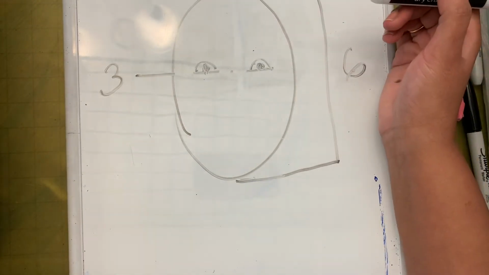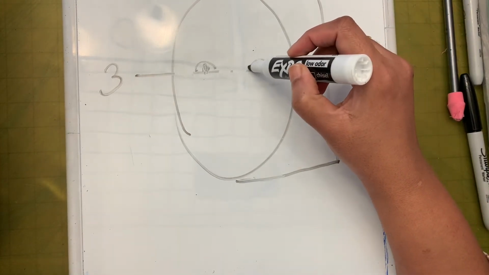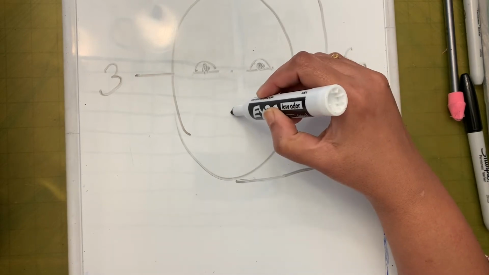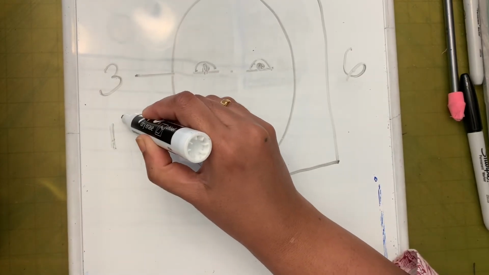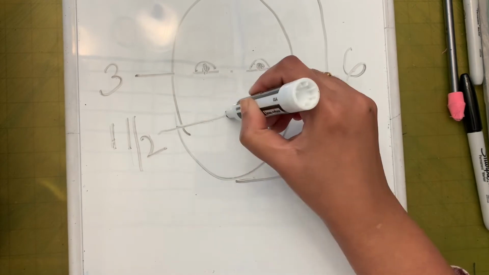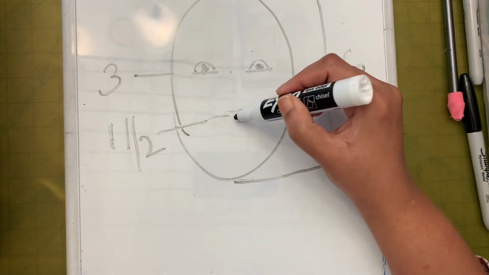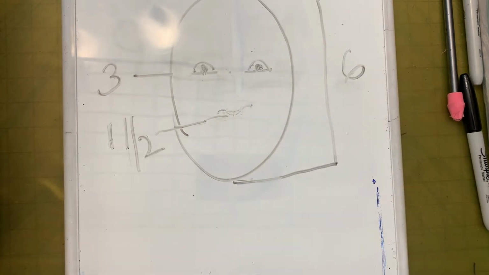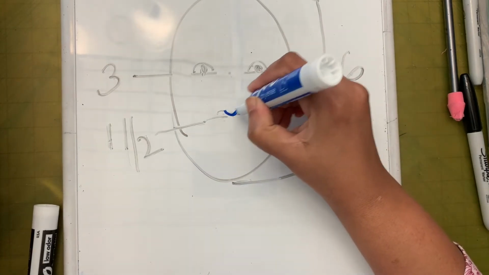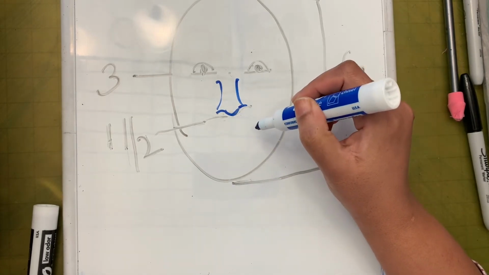So now how do you find where to put the nose? We are talking about the tip of the nose. You need to measure from the eye to the chin and find the middle. Half of 3 is 1.5, right? So that would be where your nose tip would be. Okay. And then where should you put the mouth?